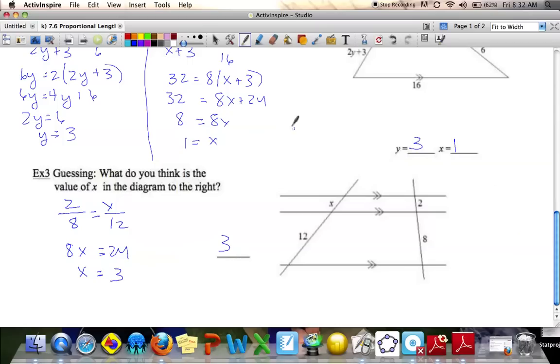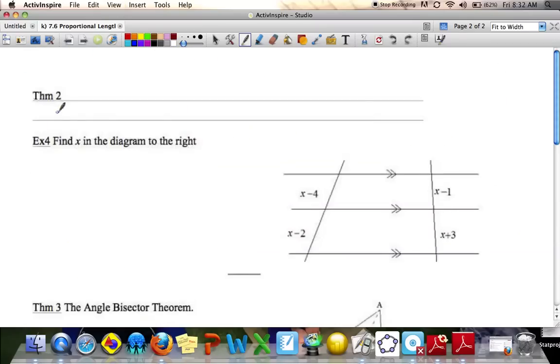Okay, turning the page, we have one more theorem, and that theorem says that 3 or more parallel lines will cut any transversals proportionally.